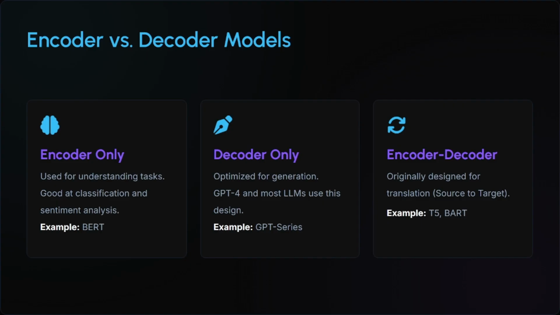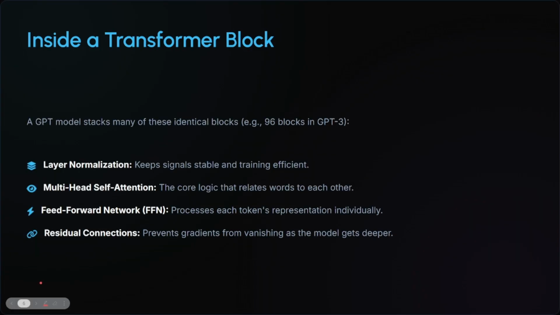So think of a transformer block like a filter in a water treatment plant. Now in this slide you can see the data goes through layer normalization. Layer normalization keeps signals stable and training efficient.